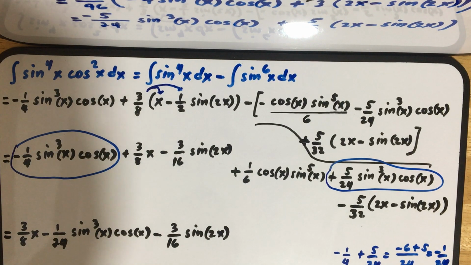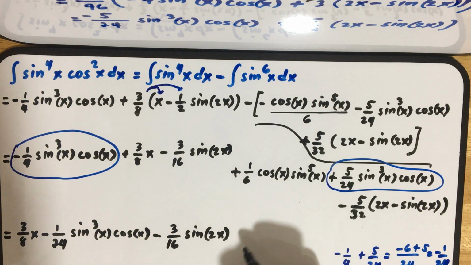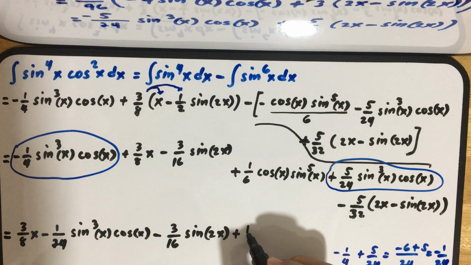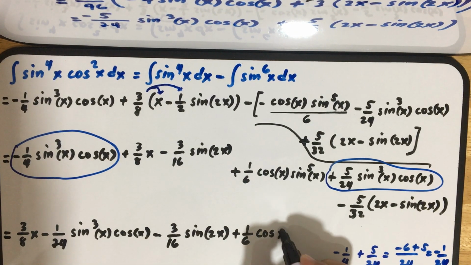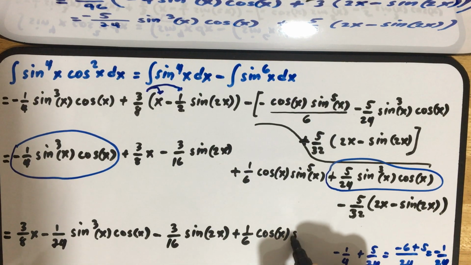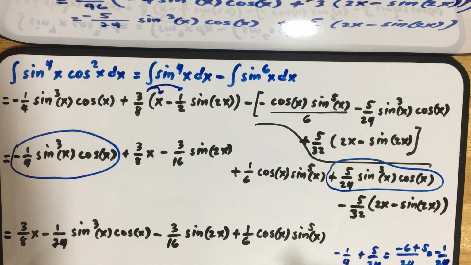Alright, then what is left? So we have this one, plus 1/6 cosine x sine to the 5th power x.